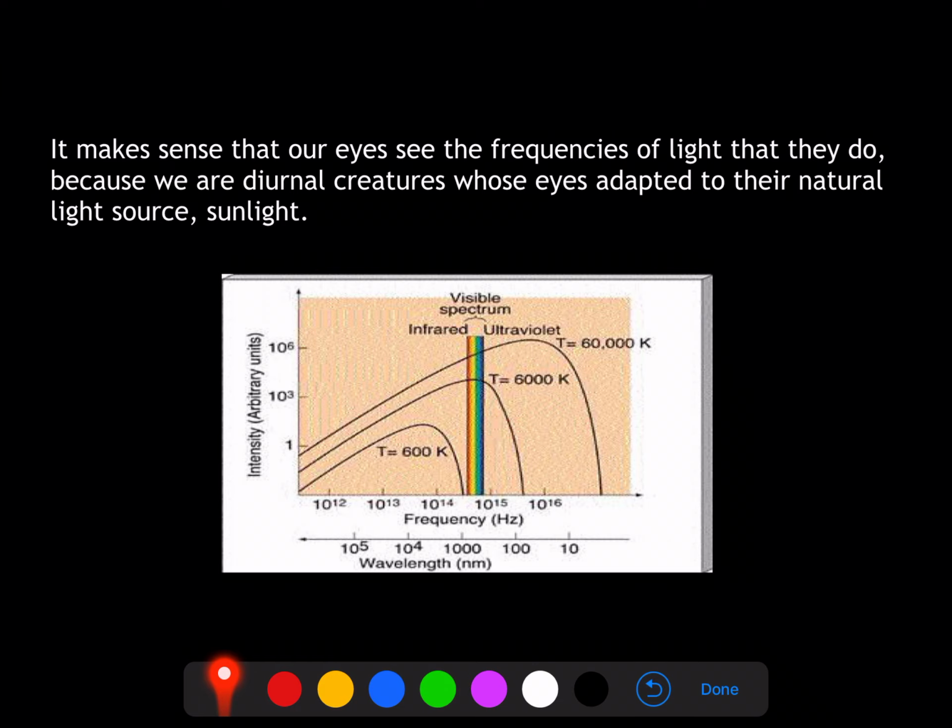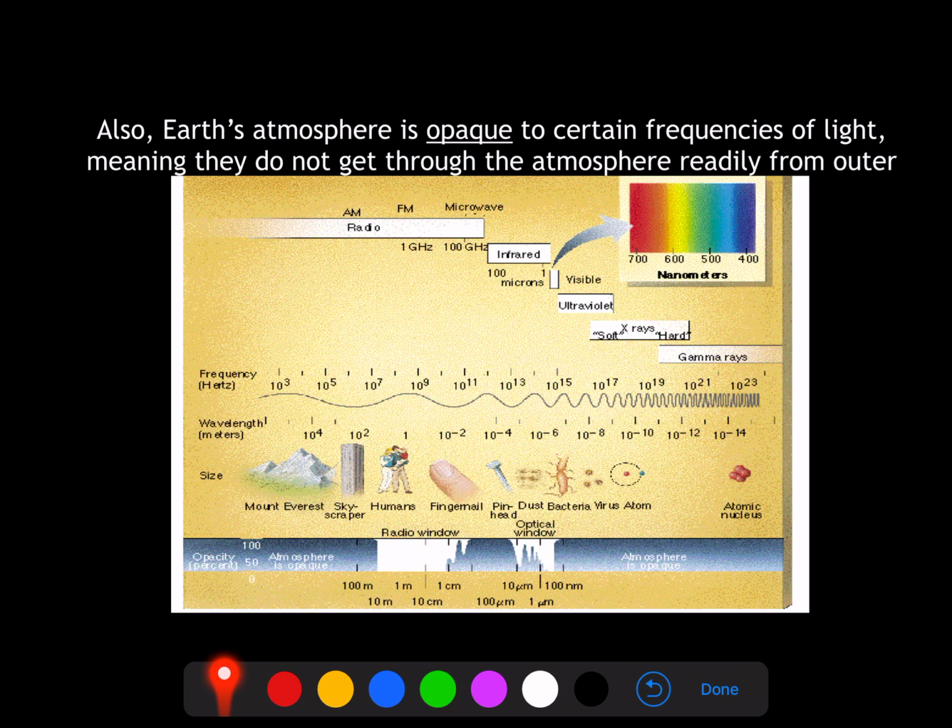But you might ask, well, why not be able to see that and everything else? There's still plenty of light given off by the sun in these other frequency ranges. Why not just be most adapted to this and not the other frequencies? And the answer to that has to do with the fact that not all those wavelengths or frequencies of light make it to our eyes very readily.